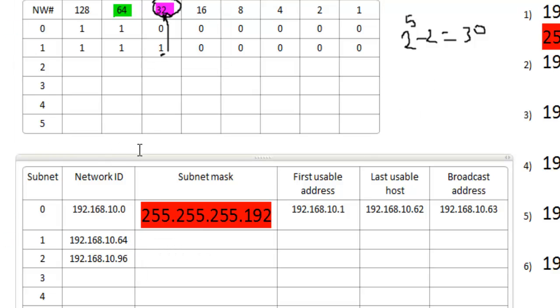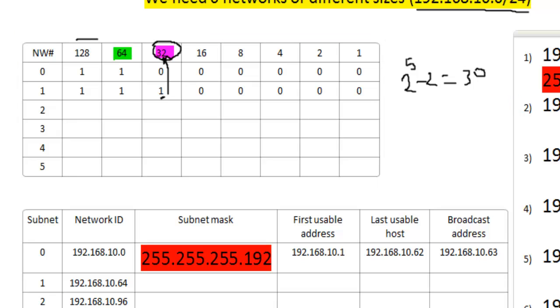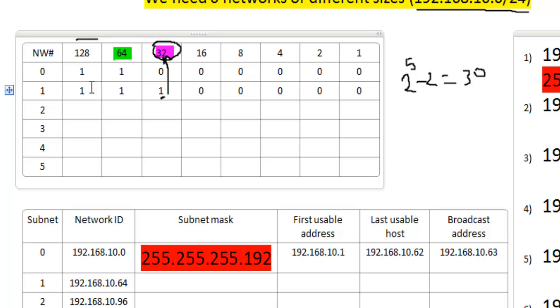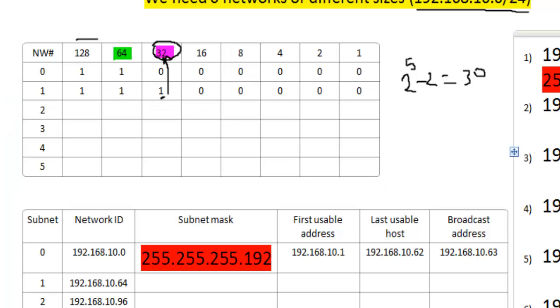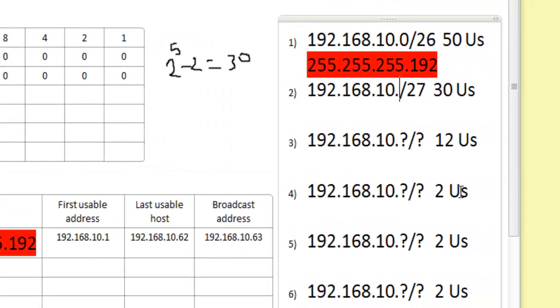Now, what is the subnet mask? How many ones did we borrow here? We borrowed 1, 2, 3 ones. So this one will be slash 27, because we know it is 24, 25, 26, 27. And the subnet ID, the network ID here, will be 64.